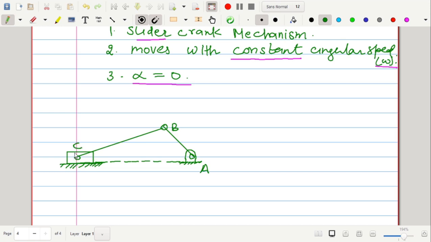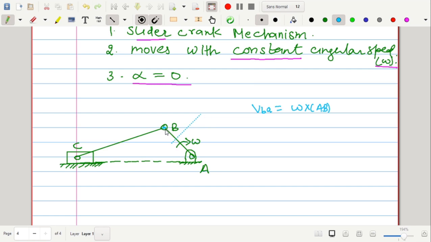Let this point be A, this is B, and this is C. Now first let us draw the velocity diagram by using the normal relative velocity method for this slider crank mechanism. Here we can calculate the velocity of B with respect to A as omega into AB. So we know the value of the velocity of point B with respect to A, and the direction can be drawn by drawing a perpendicular on this link AB.